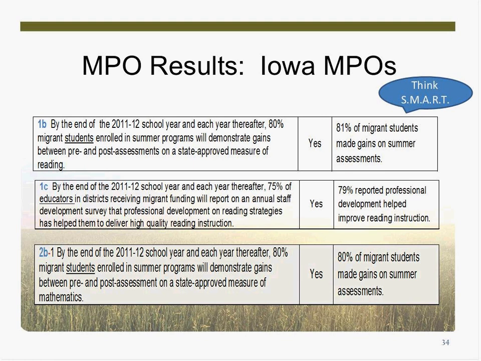Here's an example. I think it's obviously from Iowa. Jerry provided this in her evaluation, and we looked at some of the MPOs that she provided. And with a measurable program objective, I put that little dialog box up there, think SMART.